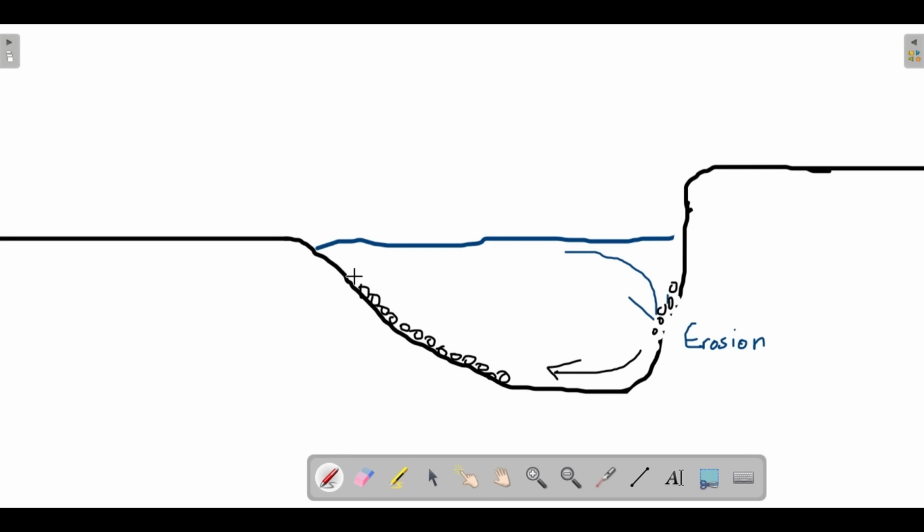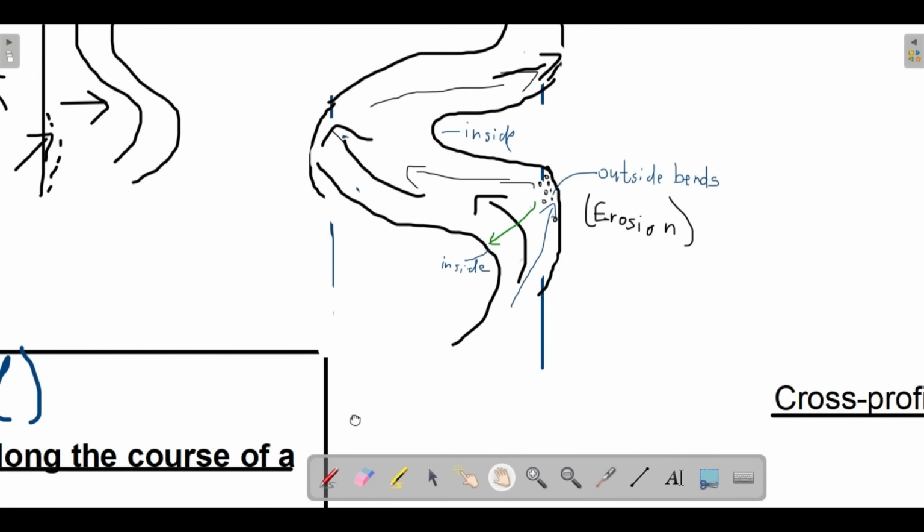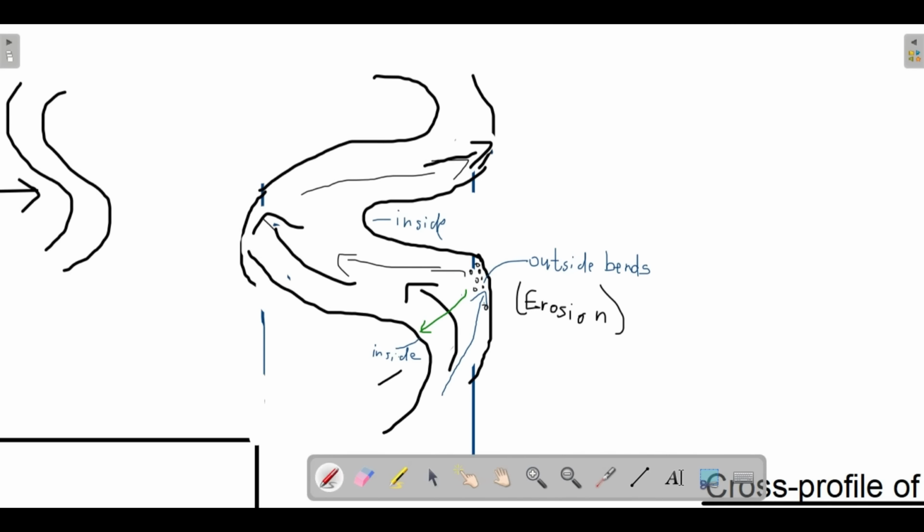On the one slope, we see erosion. On this slope, we see deposition. Just like that. So two different processes occur on either side, right?